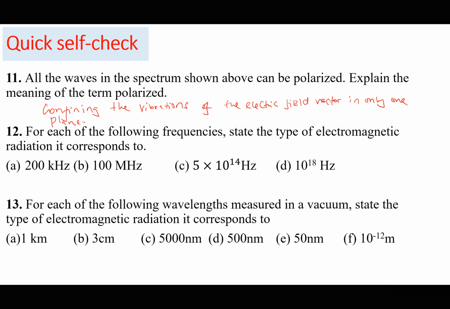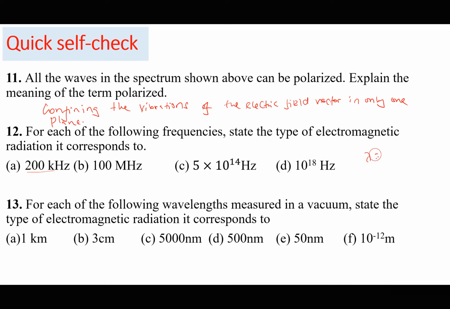For each of the following frequencies, state the type of electromagnetic radiation it corresponds to. So 200 kilohertz. Of course, it is hard for us to tell the type by looking at the frequencies, but we can first convert the frequencies to wavelengths.